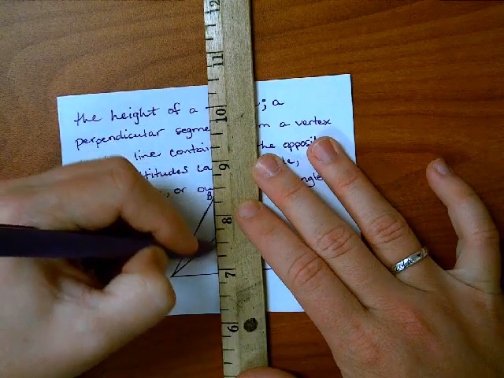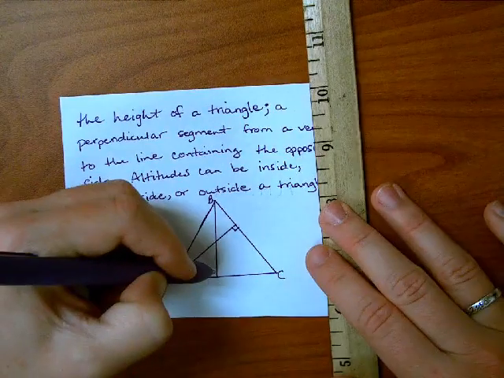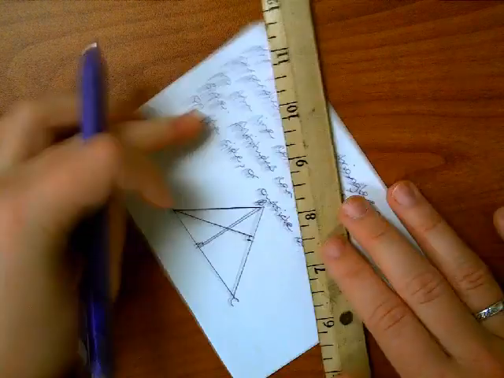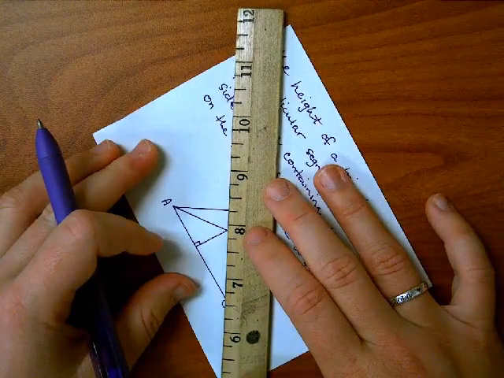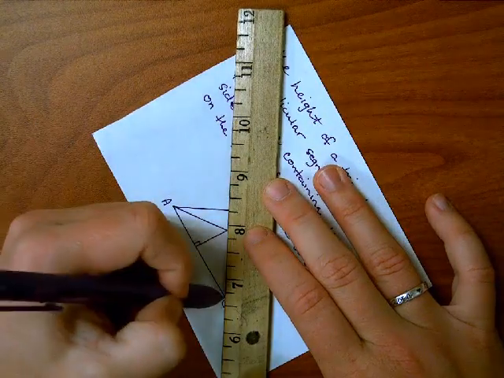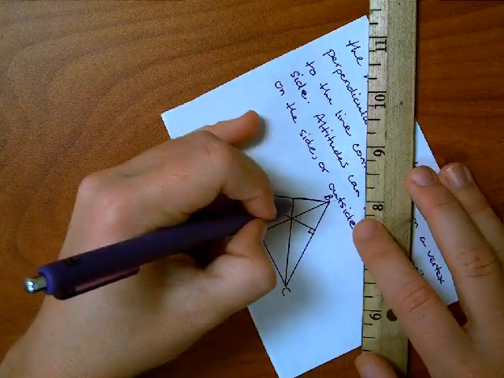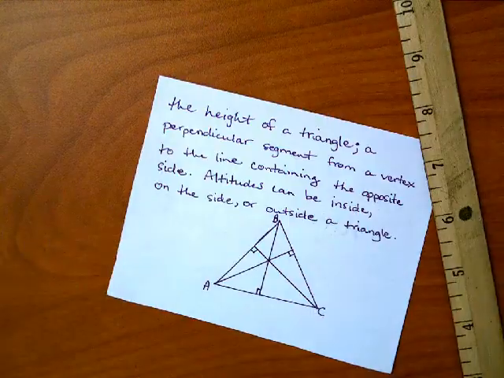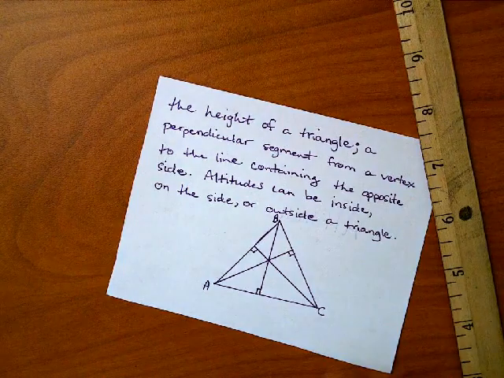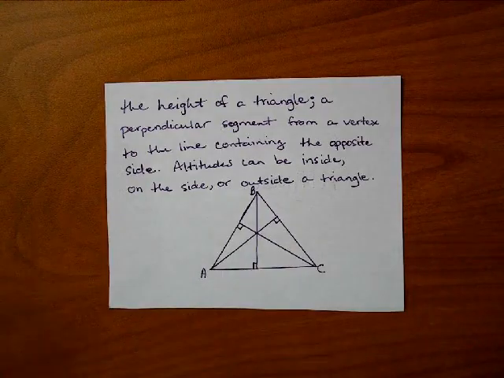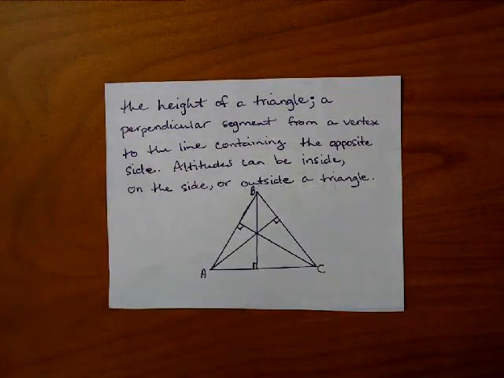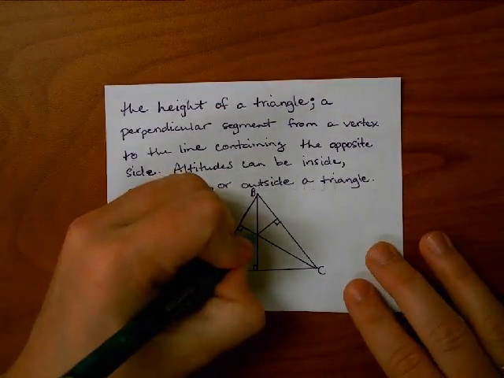So C to right angle, looks something like that. Okay, so there's my 3 altitudes in my triangle. And this point where they intersect, we will call it R. Okay, that point R is the orthocenter.